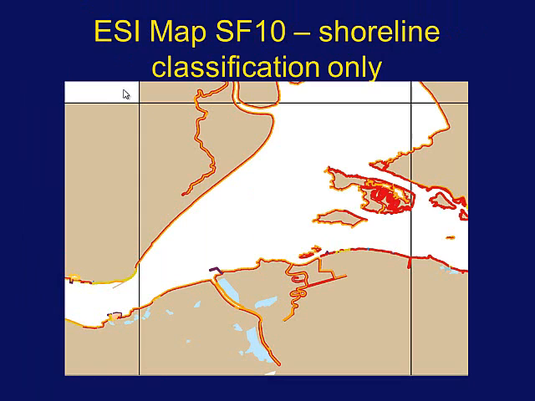So if we were looking at a GIS type version of our shoreline classification, or of our ESI maps, we could pull up a layer that showed us just the shoreline classification for a particular area. And you can see in this example that there are actually a couple of shorelines overlaid on top of one another. And you would go back to the legend and you would say, okay, well, what kind of habitats are those?